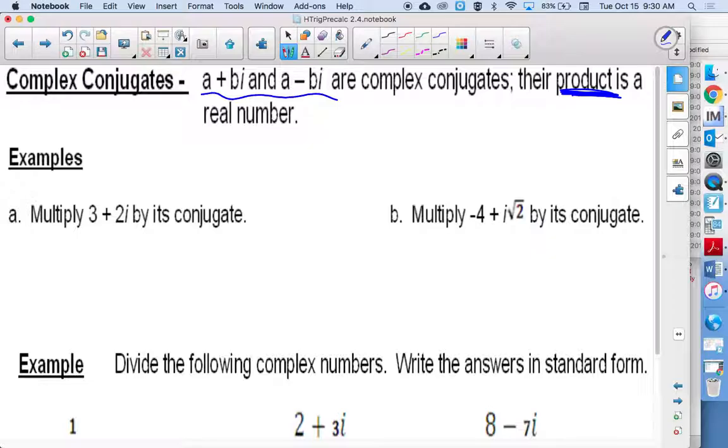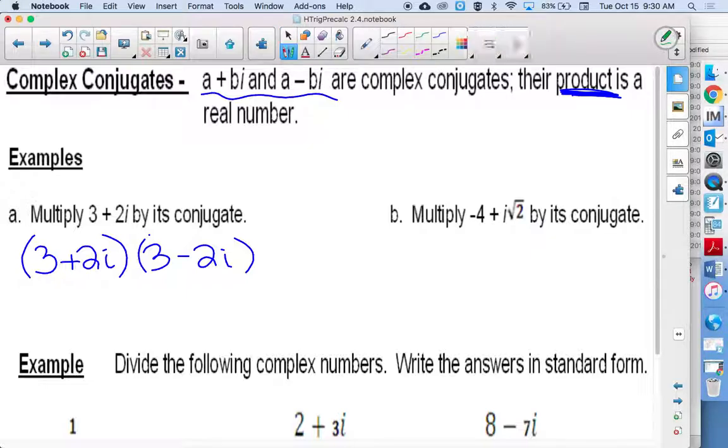So if I'm solving for something that's squared, I need to have two of them every single time. So the first two examples here, just want you to kind of see how they really do multiply and form a real number. So multiply 3 plus 2i by its conjugate. So if I already have 3 plus 2i, Josh, the conjugate would be 3 minus 2i.